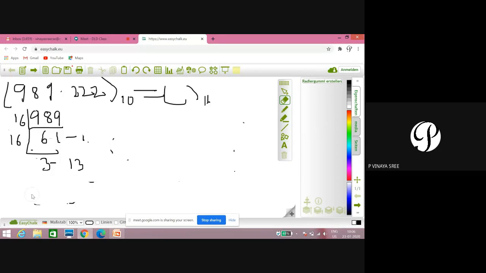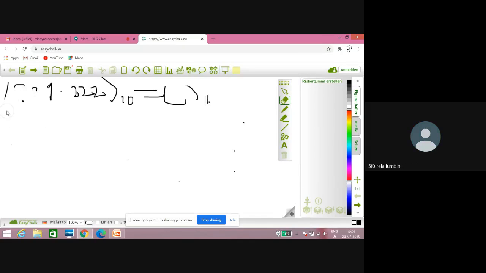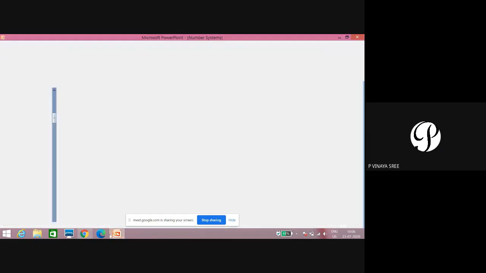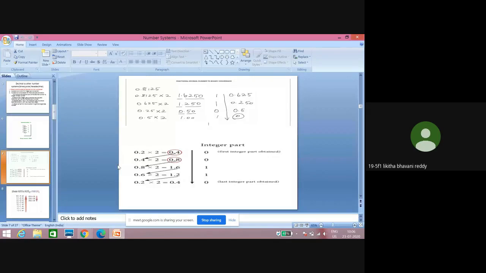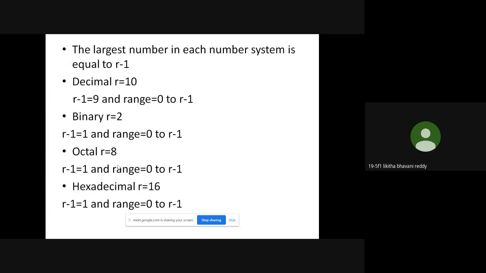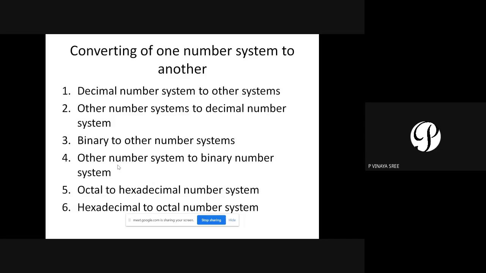The next point is other number systems to decimal. So, in other number systems to decimal.